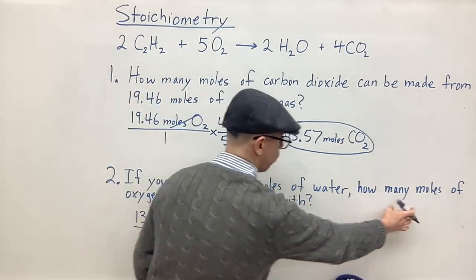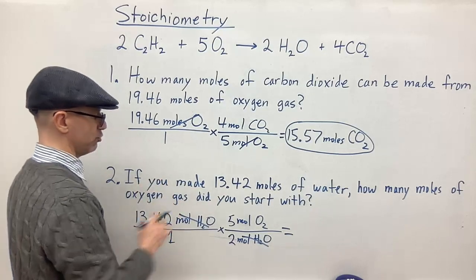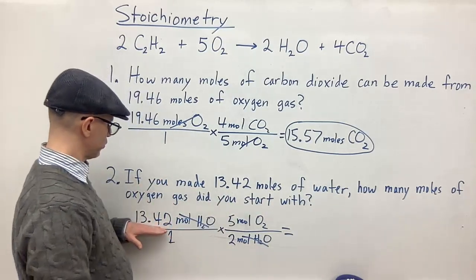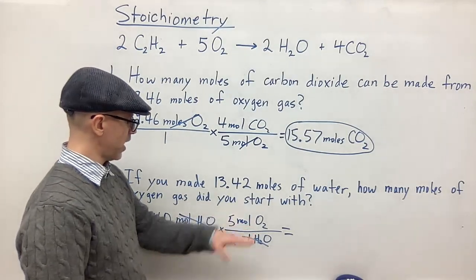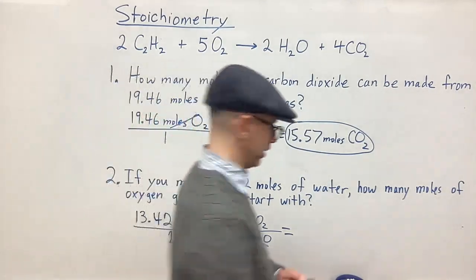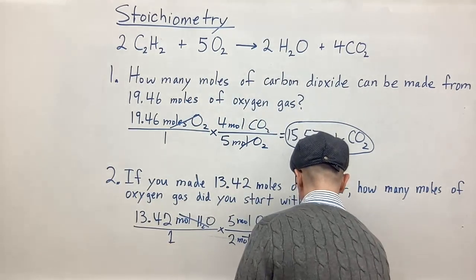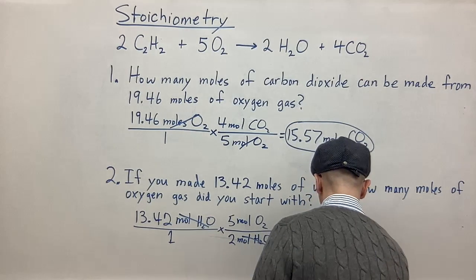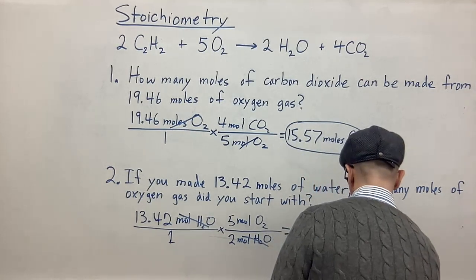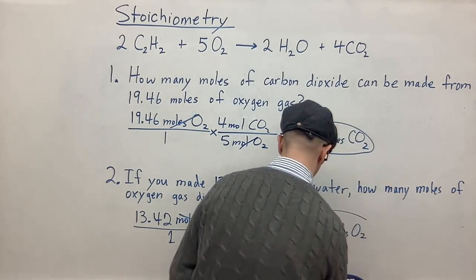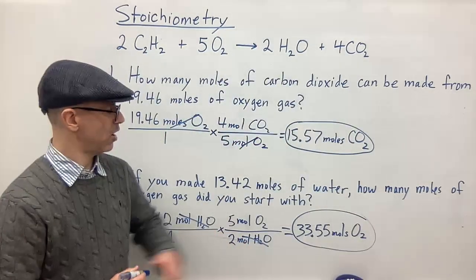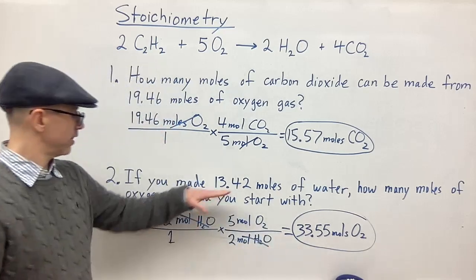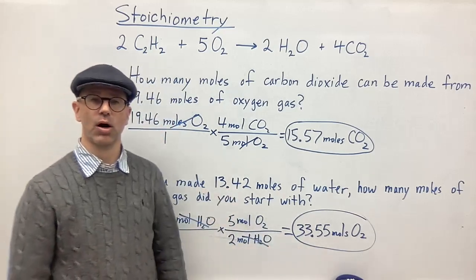So how many moles of oxygen gas did you start with? So then all I have to do is multiply 13.42 times 5 divided by 2, and you get 33.55 moles of O2. So that is the amount of moles of oxygen needed to produce this amount of water.